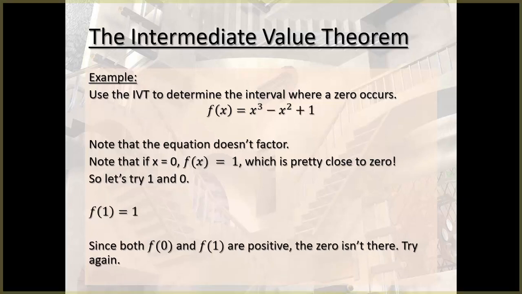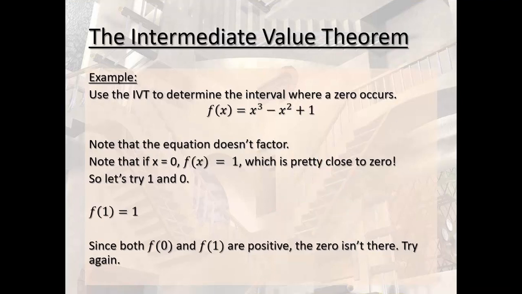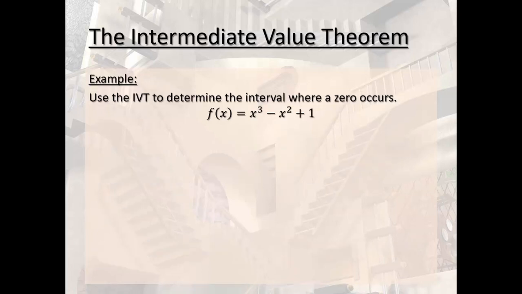Basically, if you think about this graphically, when x was 0, I ended up with a positive number. When x was 1, I ended up with a positive number. So it's not going to happen in between there. It could go down and up again, but let's try some other values. Let's try -1 and 0. When I plug -1 in, I get -1 minus 1 plus 1, which is -1.